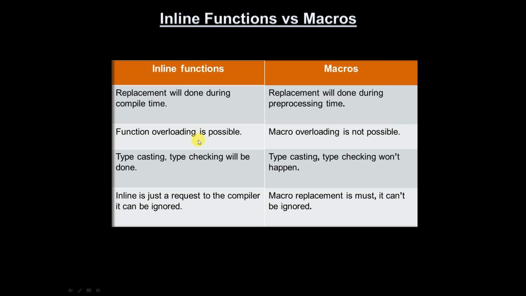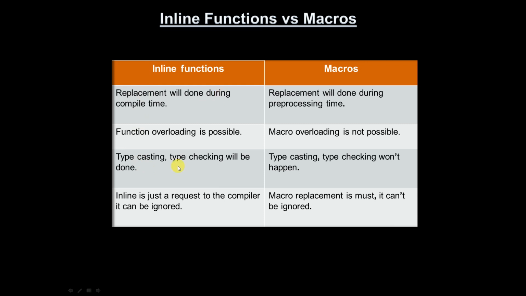You can write the same function name with different arguments, and like that you can write multiple functions. What about macros? Assume that you have defined a macro, #define SQUARE(x). You cannot define another macro with the same name, so macro overloading is not possible.